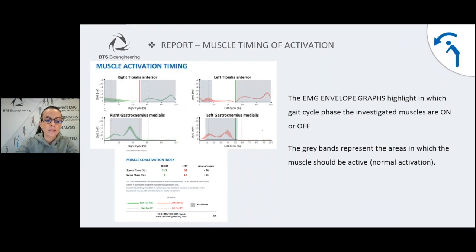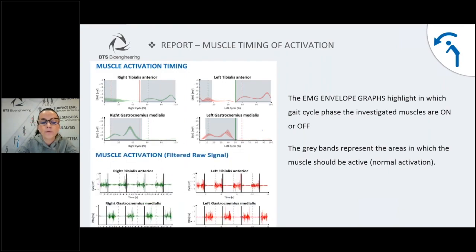On the vertical axis, we have the value in millivolt of the muscle electric activity that is shown here in the form of envelope. The envelope is another way of representing the signal of muscle activity compared to the raw signal that you know. The envelope allows you to highlight the peaks of muscle activity.